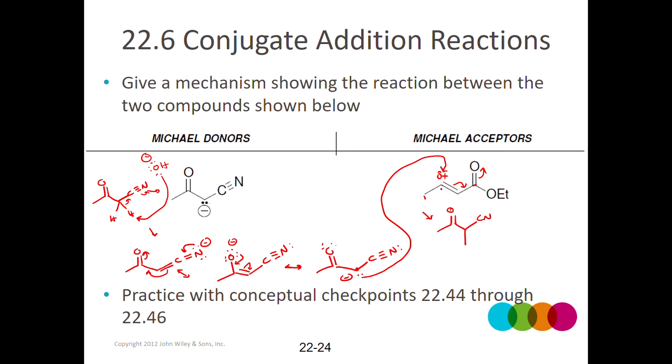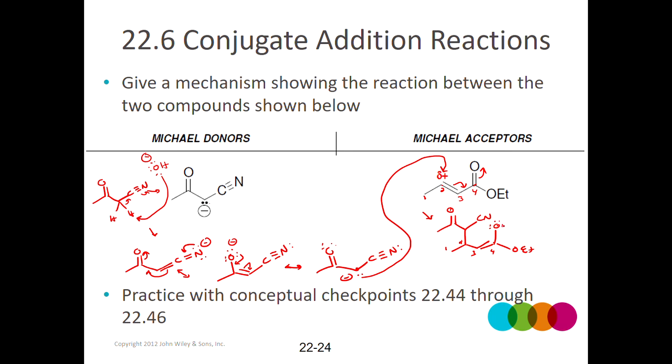So we'll just number these. I don't want to lose anybody. So carbon 2 here would have been connected to this carbon. So this would be 2. We have 1, 3. These pi electrons would shift over between 3 and 4. And the electrons would shift up here onto this oxygen.